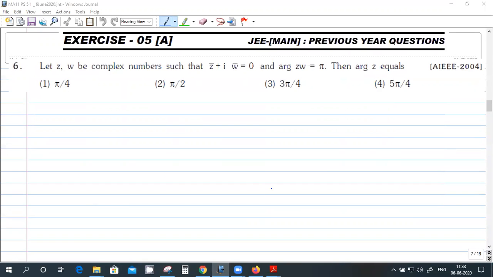First two, three. Okay, so let's do this one. Complex numbers. Try this question.